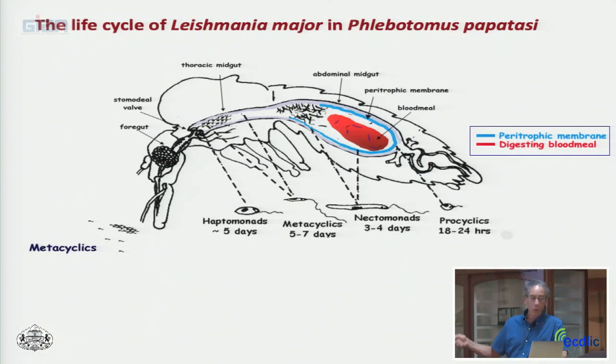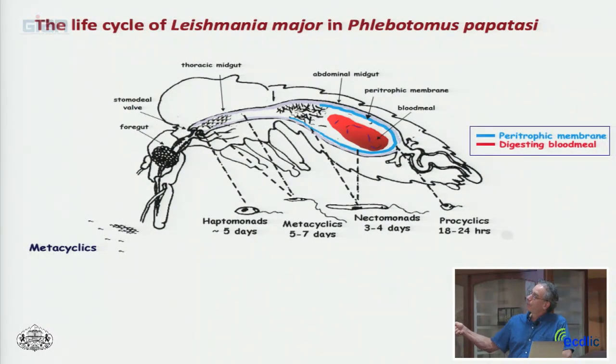And they can move. Remember, they're flagellated, so they are propelled and access the midgut wall, where some of them attach to the midgut wall. And we'll look at that attachment in more detail. And that occurs around day 3 or 4.